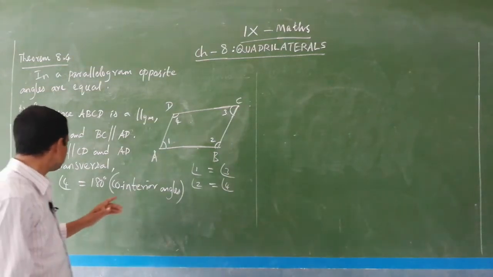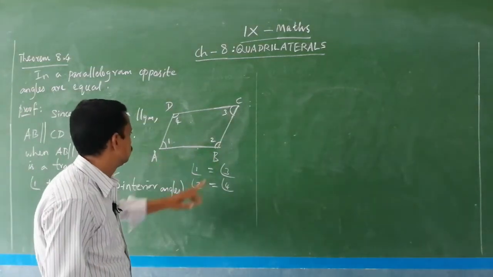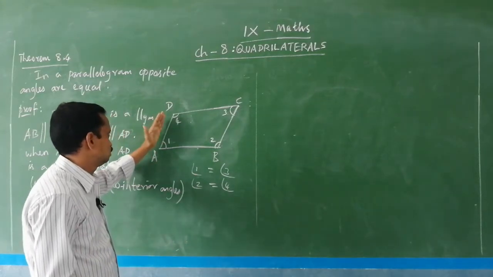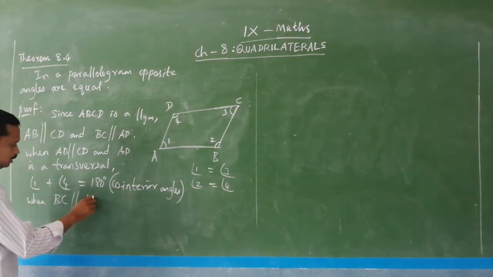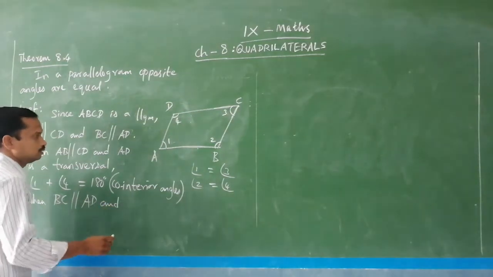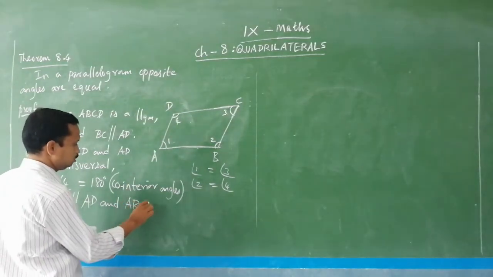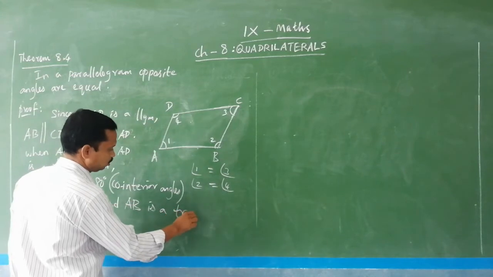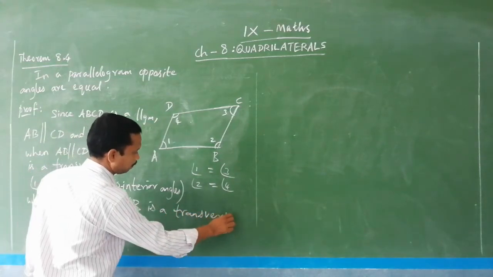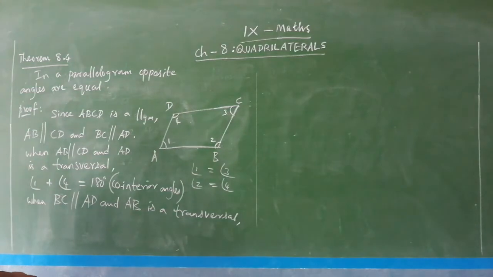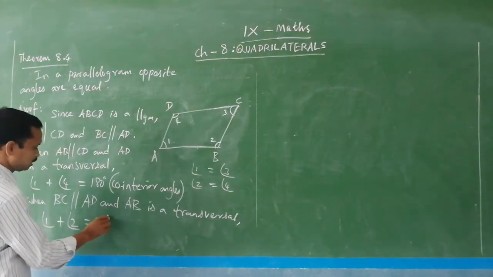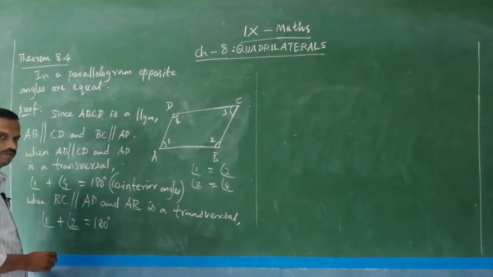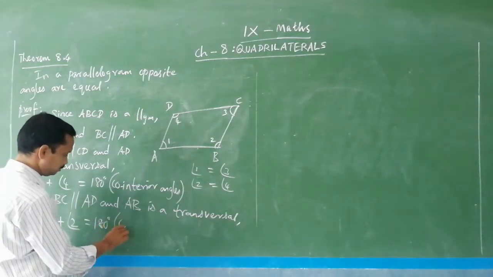Similarly, angles 1 and 2, because BC is parallel to AD. When BC is parallel to AD and you take AB as transversal, what happens? Angle 1 and angle 2 are co-interior angles, and co-interior angles are supplementary.